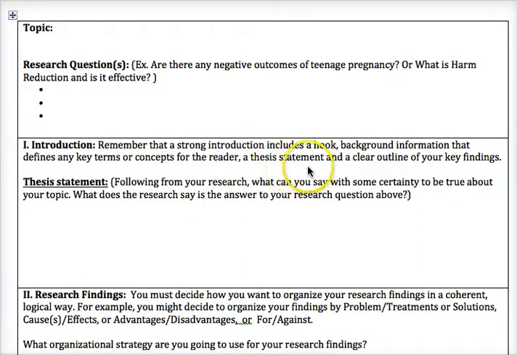And then your introduction should include a thesis statement, and there should be a kind of clear outline of your key findings within that introduction. So the thesis statement is your argument or the main purpose of your research paper. And when I mean outline of your key points, I should be able to read your intro and have a clear idea of what the rest of the paper is going to talk about.